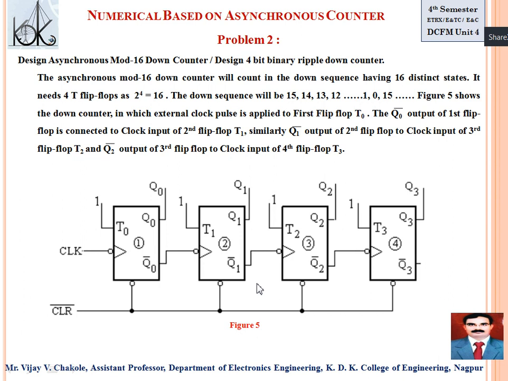That's why what we are doing is negative edge, output taken from Q, Q is here the primary output, and cascade is Q bar. This is the difference. Whenever you take this combination, negative edge, output taken from Q and cascade from Q bar, you will always get a down sequence.